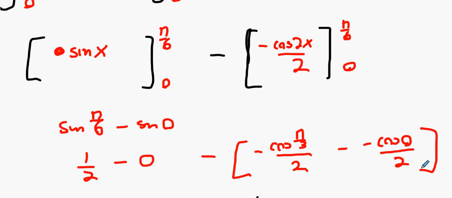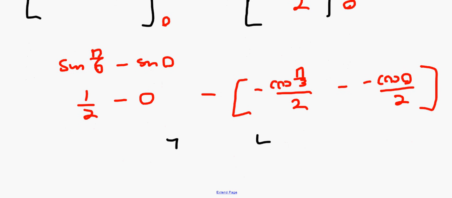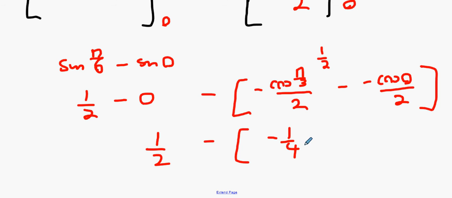Now this is an awkward looking one. What's cos pi over 3? It's a half, isn't it? And cos pi over 3 is a half, and then a half times a half is minus a quarter. Cos 0 is actually 1, so that's a plus a half. Ooh, nasty.